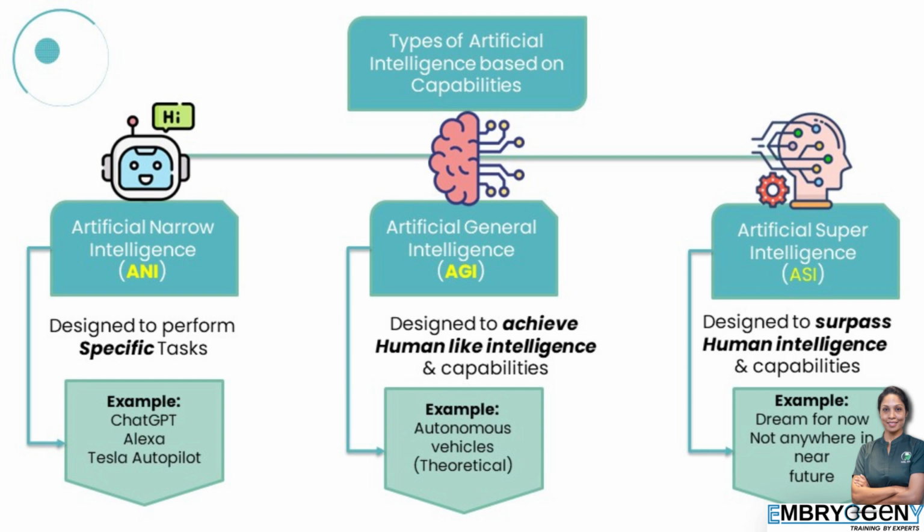And what we often dread and fear, that is AI surpassing human intelligence and taking over the world, is called Artificial Super Intelligence, or ASI, and that is not even near our horizon currently. So with this, we need to be reassured that whatever tools we have in the market are designed to achieve just specific tasks and will not replace human embryologists.